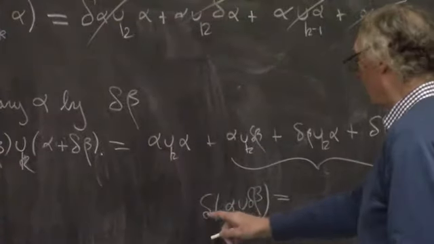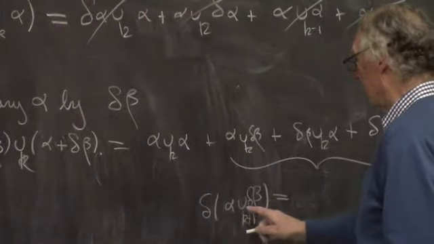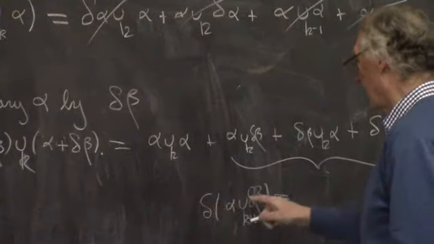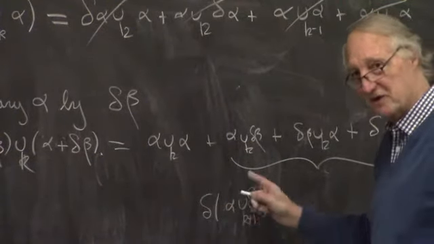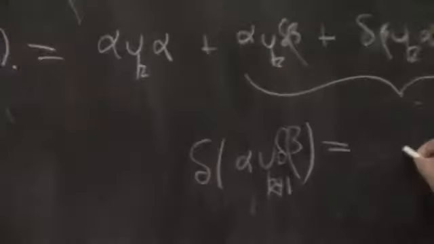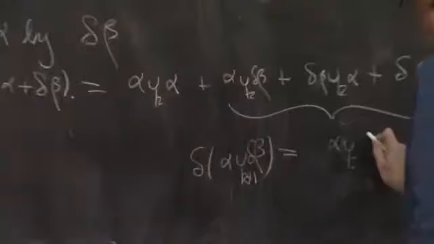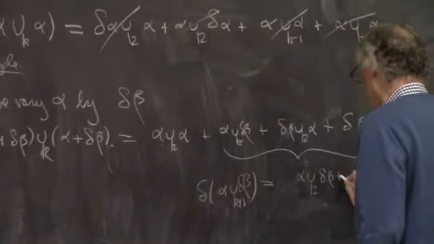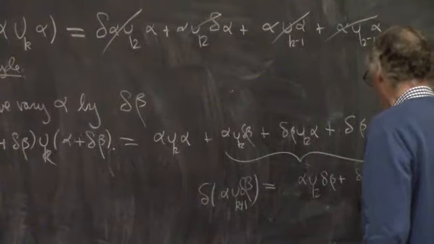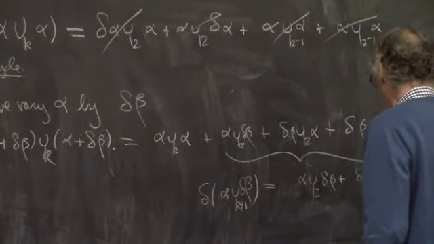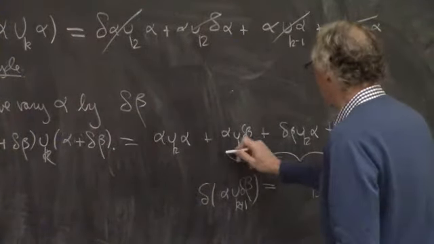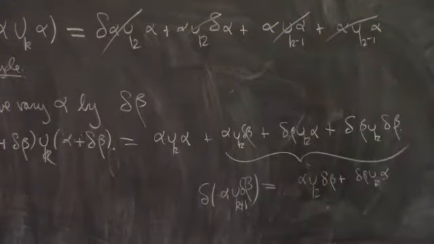So I get four terms. I can take coboundary alpha, which is 0. I can apply the coboundary to coboundary beta, which is 0. And the other two I'm left with are alpha cup K coboundary beta plus coboundary beta cup K alpha. So this thing gets those two.